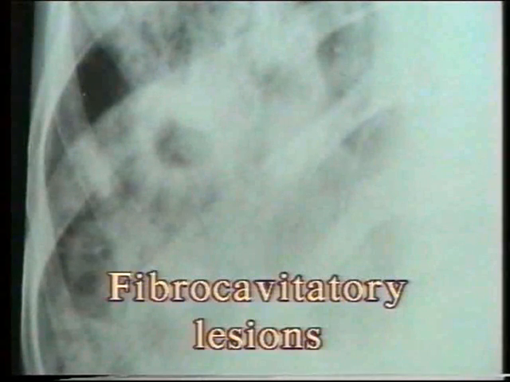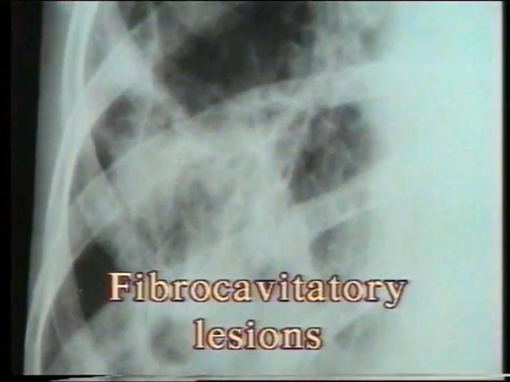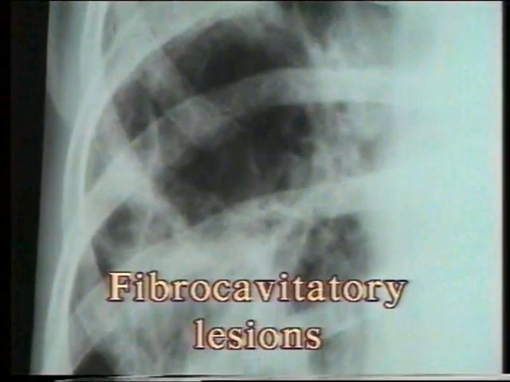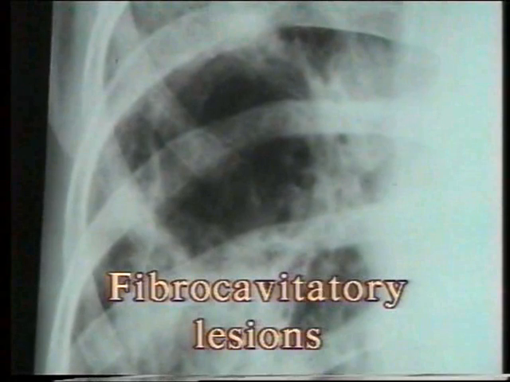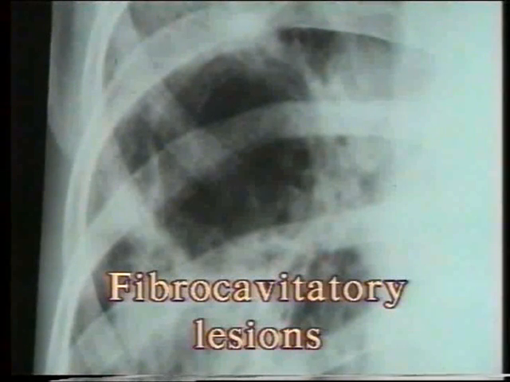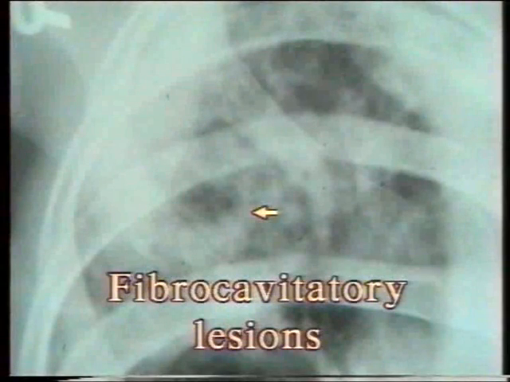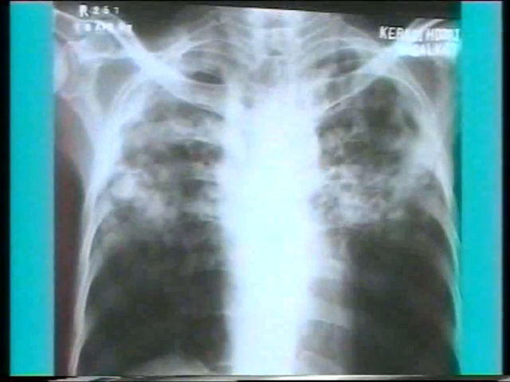Note the thick-walled cavity and fibrosis in the right lower zone, a large thin-walled cavity in the mid-zone, and another small thick-walled cavity in the upper zone with extensive fibrosis. This is another X-ray showing bilateral fibrocavitatory lesions. Note the dense shadow of fibrosis on the right side combined with cavitation in the left upper lobe.